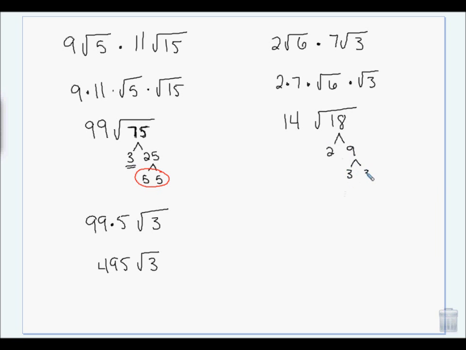And 9 is 3 times 3. So I can bring that 3 out, and the 2 remains. And 14 times 3. Everybody's memorized their 14s by now, right? No? Okay, 14 times 3 is 42 times the square root of 2.